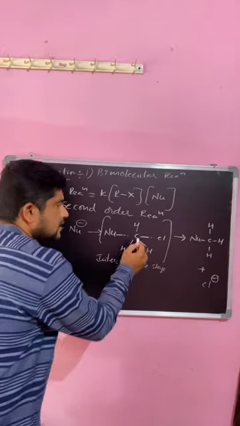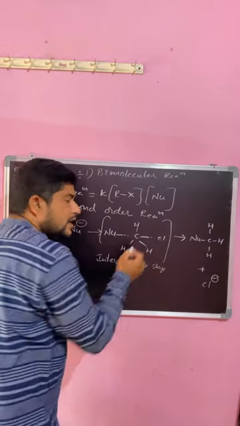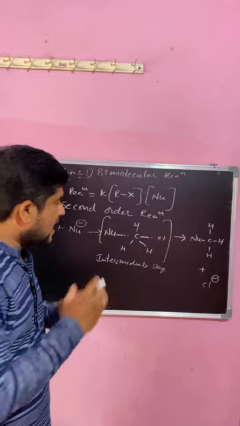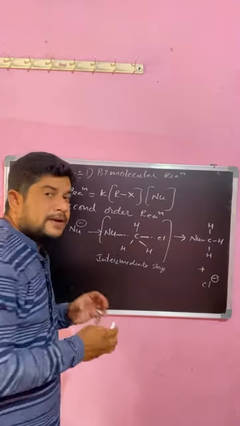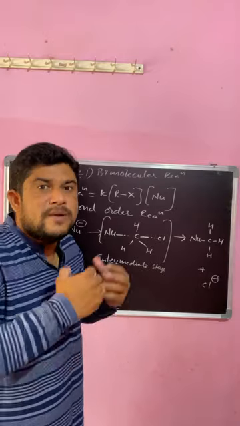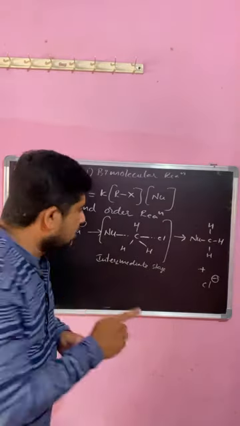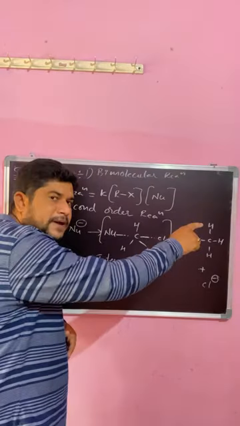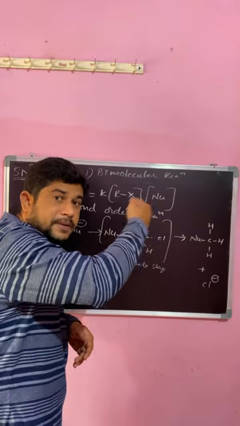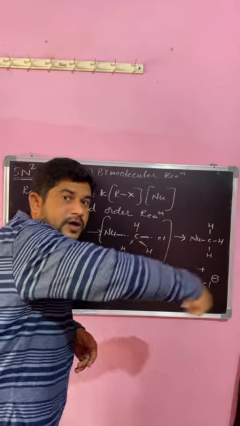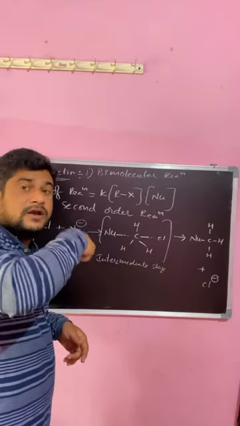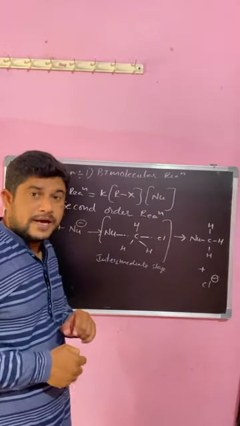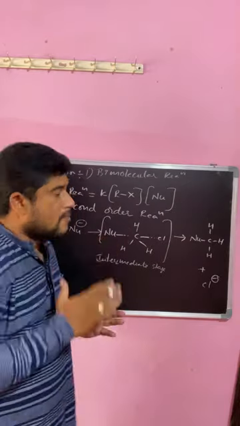Means the bond between carbon and chlorine becomes weaker, and at the same time the bond between nucleophile and carbon becomes stronger, more and more stronger. The chlorine will attract the electron pair and start to leave the molecule, while the nucleophile offers the electron pair and starts forming the bond.